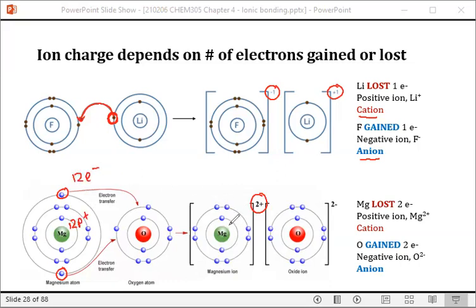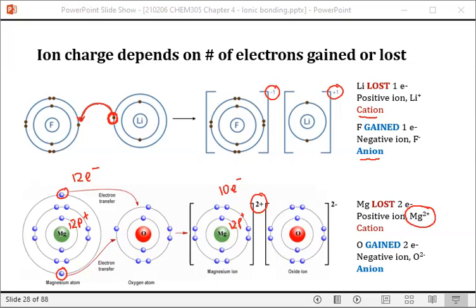And when it gives up 2 electrons, it still has 12 protons and now 10 electrons. If you take +12 and add -10, you end up with +2. So the overall charge on this magnesium cation is 2+. So we end up with a magnesium 2+ cation because it gave up 2 electrons.